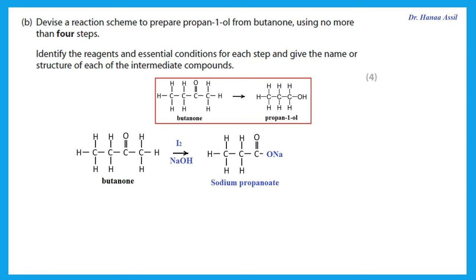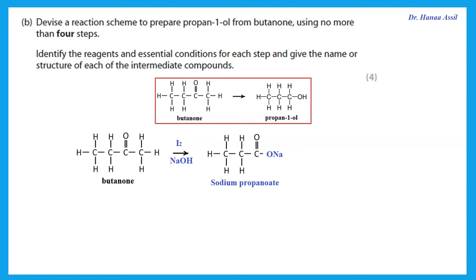So, starting with butanone, to remove one carbon, I can react it with alkaline solution of iodine, because I have the part that is CH3 C=O. The methyl ketone part reacts with iodine in sodium hydroxide. It will cut off that extra carbon and will give the sodium salt of the rest.